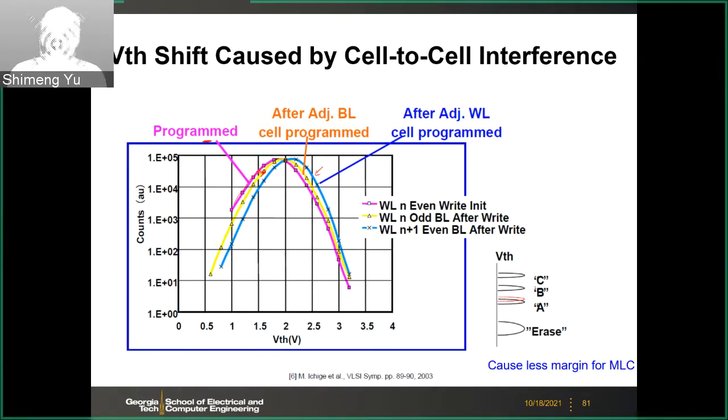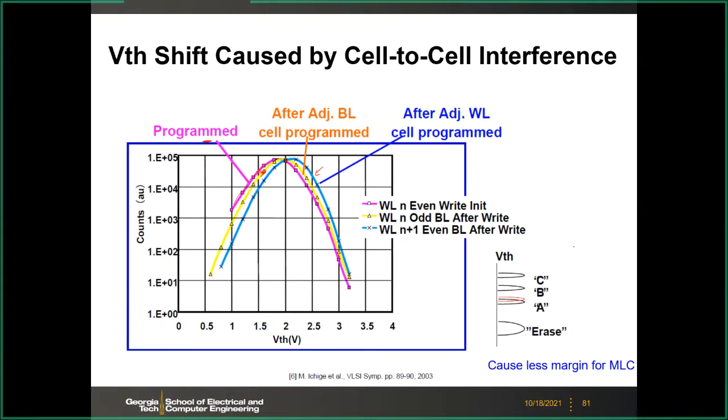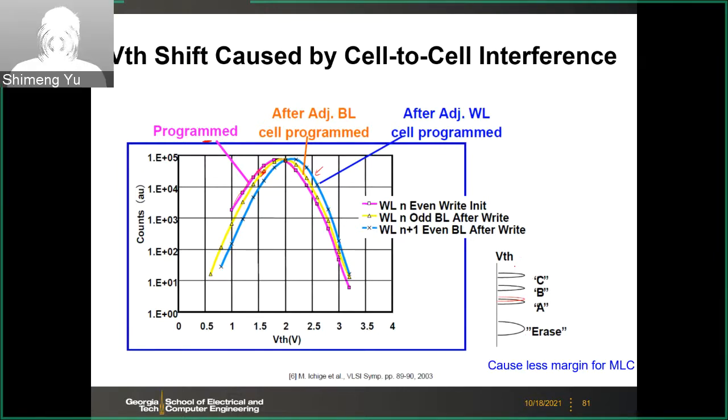So think about the multi-level cell, let's say MLC or TLC, you have so many levels here. That means after programming, the intermediate state here, for example level A, your threshold voltage distribution may shift up due to the coupling.